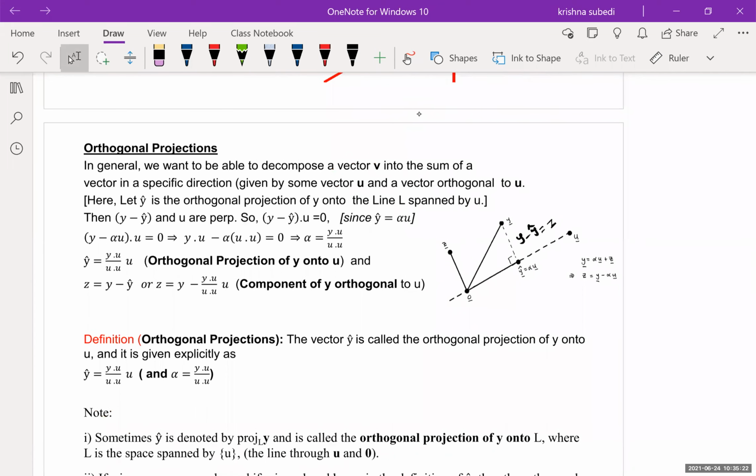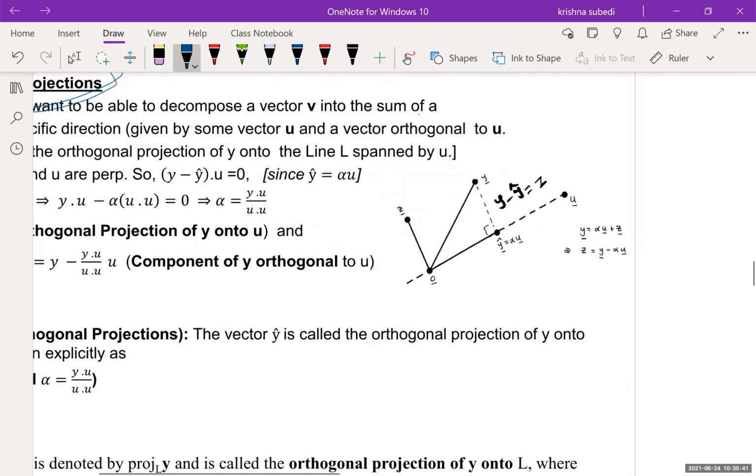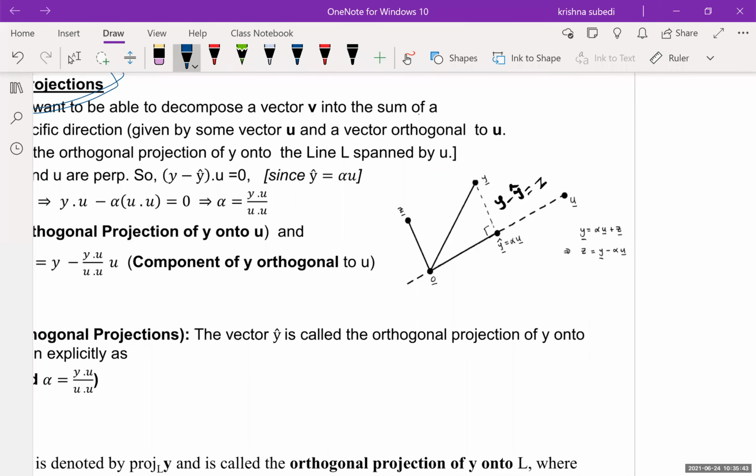Okay, now we already talked about orthogonal projection. Now let us look at this orthogonal projection again from a slightly different perspective. As you can see, I have a vector y here.